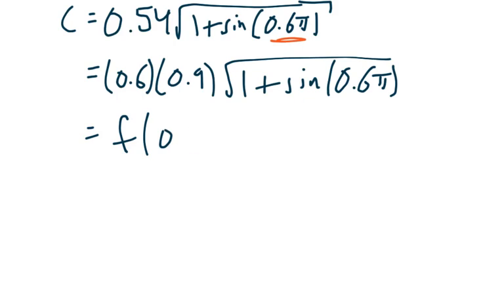So we can notice that this is equal to f at 0.9, that's our x value. And 0.6, and you see this corresponds to our y value, not the whole thing, just 0.6.